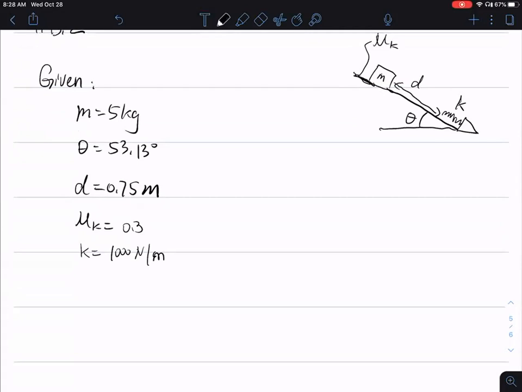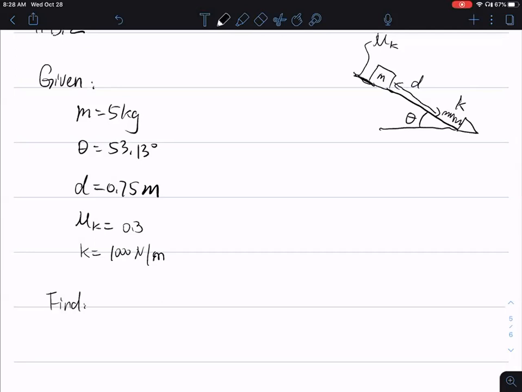Also, we know the block M is at rest, so it's not moving at the beginning. We want to find out what the deflection of the spring is when we release the block M. So at the beginning, at position 1, the block is held still, so it's not moving.